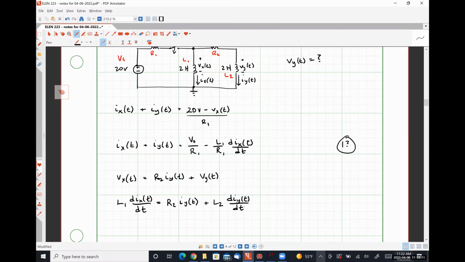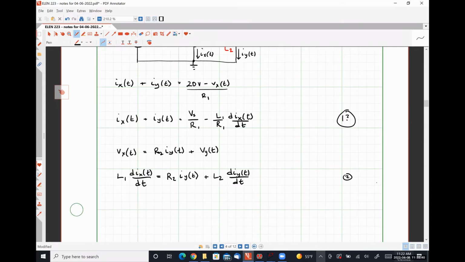And in equation 1 question mark, we have a means by which we can get Iy simply in terms of Ix. So if we rearranged equation 1, we could pretty easily substitute that relationship into here. So I think that's what we're going to do. All right. So we're going to call this equation 2 for sure. And we are going to further manipulate equation 1 to suit our needs.